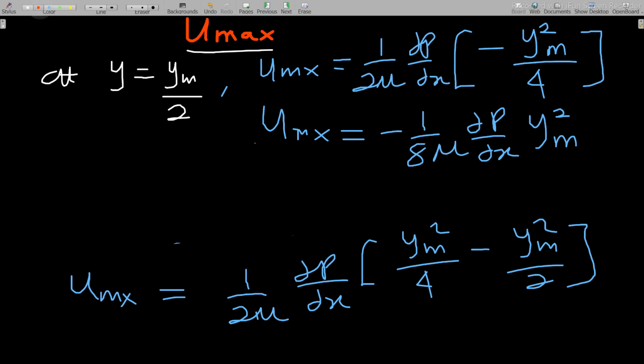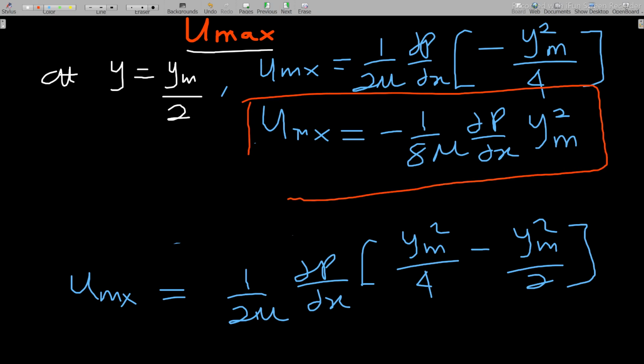So this will be my u max. Always keep this formula in your mind: u max is equal to negative 1 over 8 mu, del p del x, times ym squared. The reason I'm going through this is that once you know your velocity and the point where u max is, you can always derive your u max.